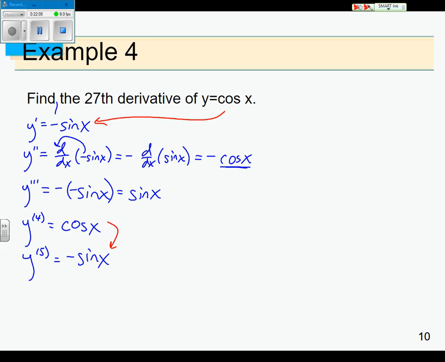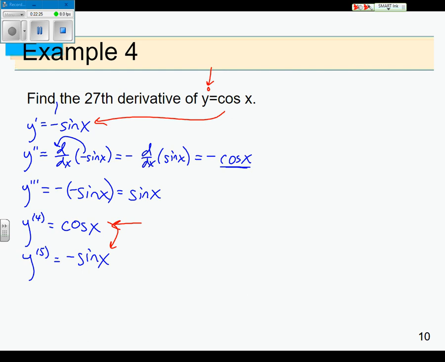So what I can actually do is jump ahead a little bit. If you want to think about it, this is like the 0th derivative. I don't know if that's even the correct notation for it. But every 4 derivatives, I'm coming back home to cosine x.